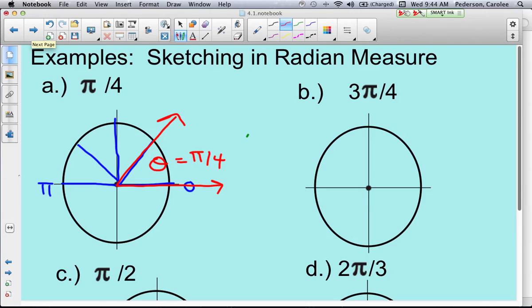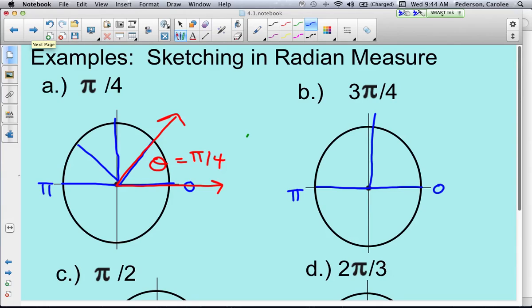So let's do the next one. 3 pi over 4. So what is my denominator? 4, so we would do the same thing, but now we're going to count how many? 3. In what quadrant will that fall in? 2. Quadrant 2. So we're going to have 0 here, pi here. Just split that top half into 4 equal parts.